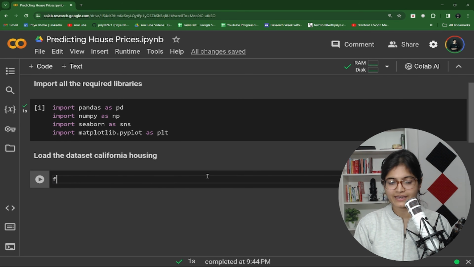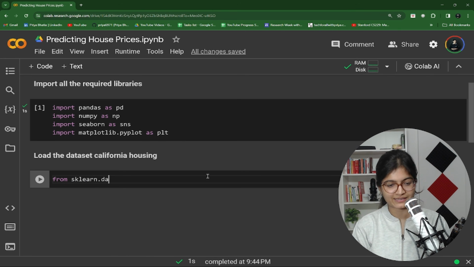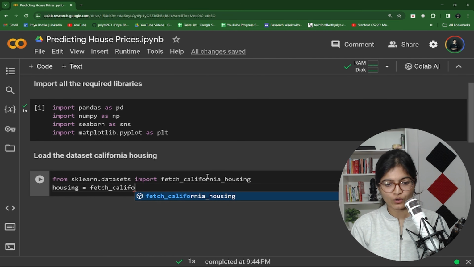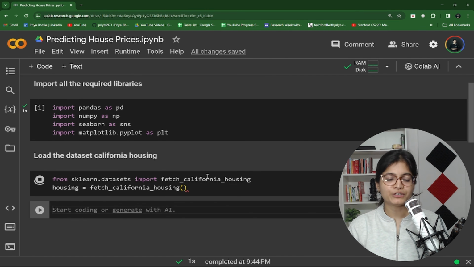So I will directly load the California housing data. I will say from sklearn.datasets, as I told you, a lot of datasets are available, and from that we need to import fetch_california_housing. Now we will say housing equals fetch_california_housing. So we will get a complete set of data available for California housing.